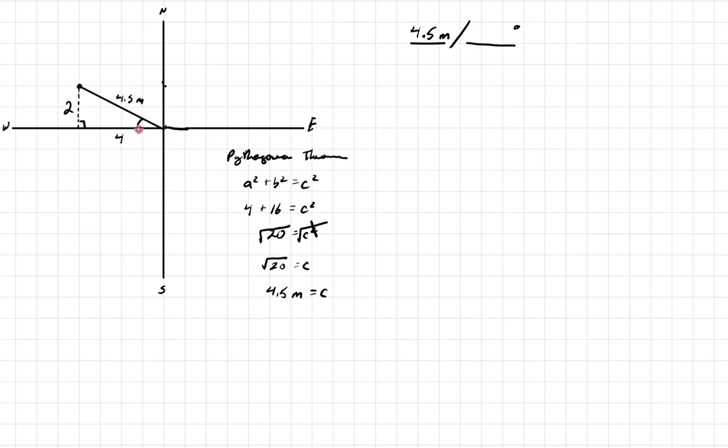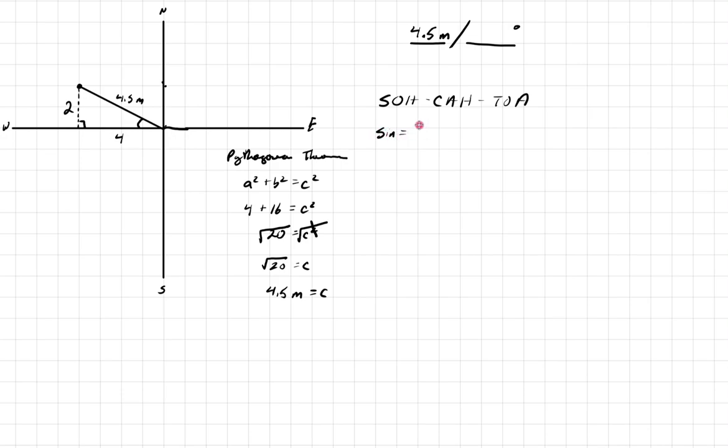So this degree of measure, we have something called SOHCAHTOA, which helps us remember how to use the sine, cosine, and tangent. And that is trigonometry, for those of you who don't know. And that trigonometry tells us the relationship. It can help us find the degree of measure. So we remember what this little acronym means. This is the sine.